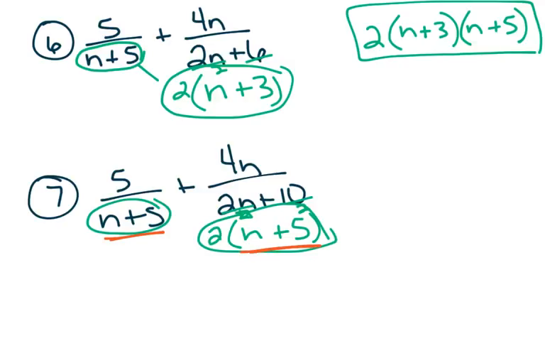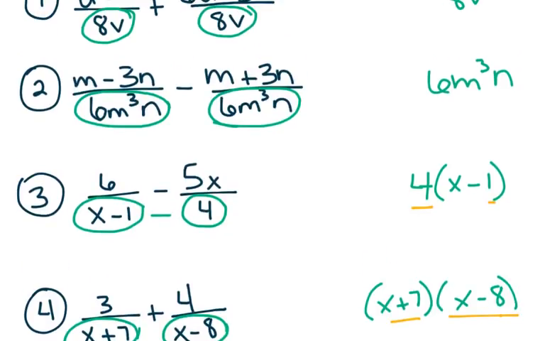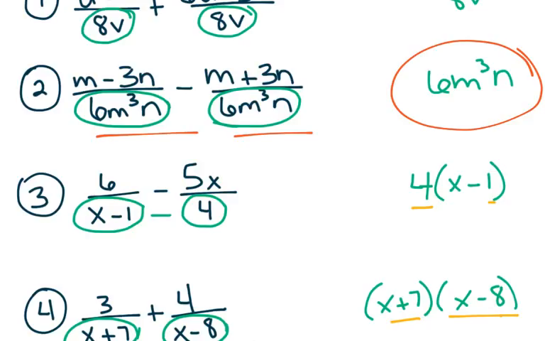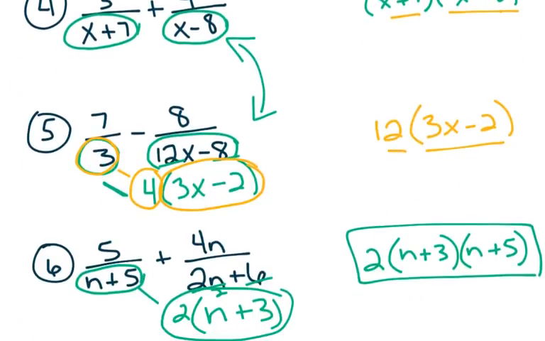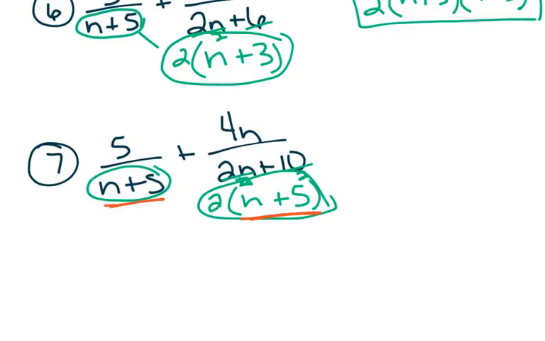If you have it in common in both, remember up here at the very top, when it was in common, that was just written once in our least common denominator. Same thing. Down here, I'm going to go ahead and write my n plus 5 one time. And that leaves the 2 that I need to bring along. So I did my n plus 5 once, and then I did my 2. So the things they have in common only happens once in the least common denominator. The things they don't have in common get combined.